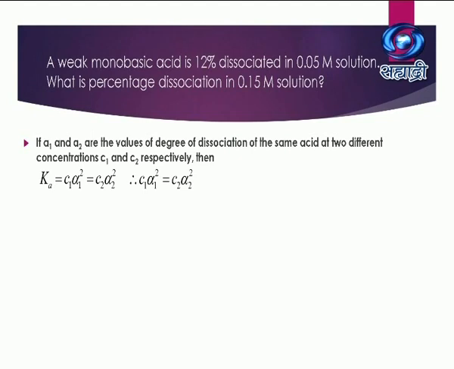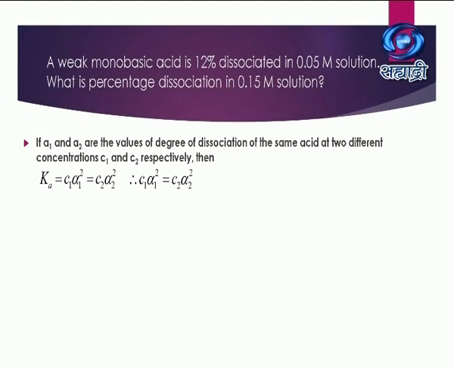Therefore, C1 alpha 1 square is equal to C2 alpha 2 square. Remember, the same acid solution is given and two different concentrations are given. So as the acid is the same, its Ka is the same because it is a constant for the same acid.